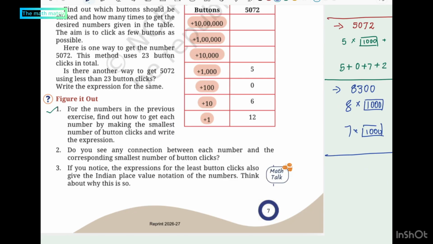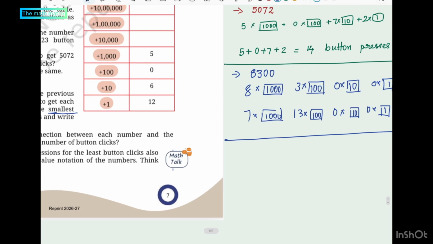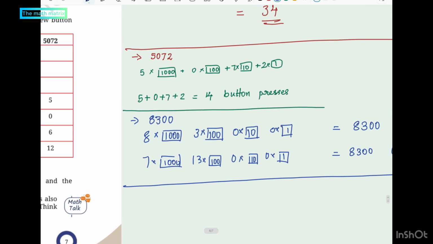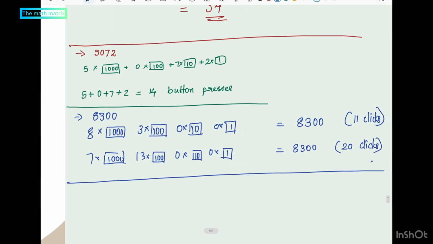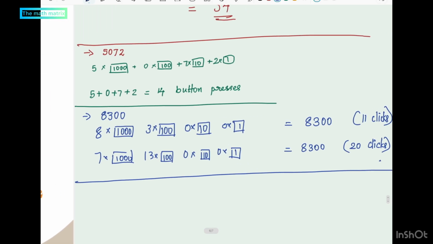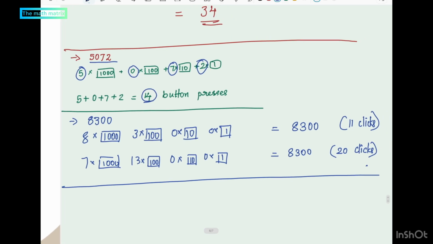Figure it out for the numbers in the previous exercise. Find out how to get each number by making the smallest number of button clicks and write the expression. In 5072, we got 14 button presses by 5 thousands, 0 hundreds, 7 tens and 2 ones, which are the place values of the number itself.